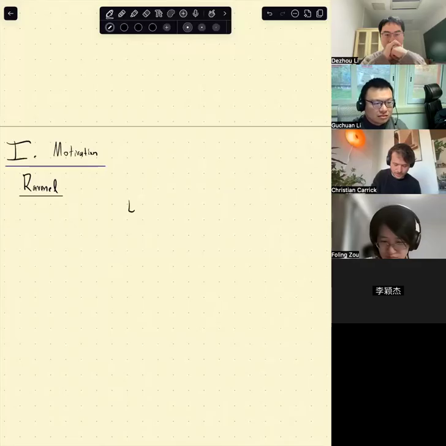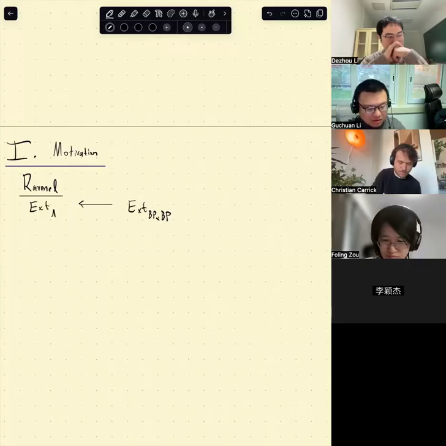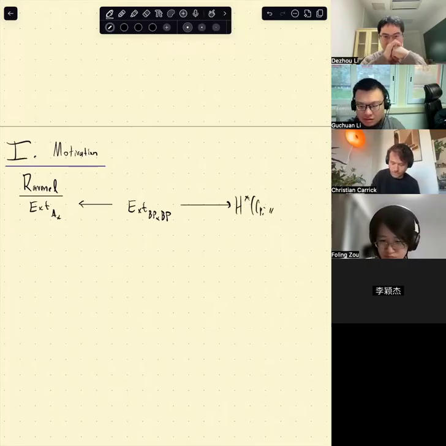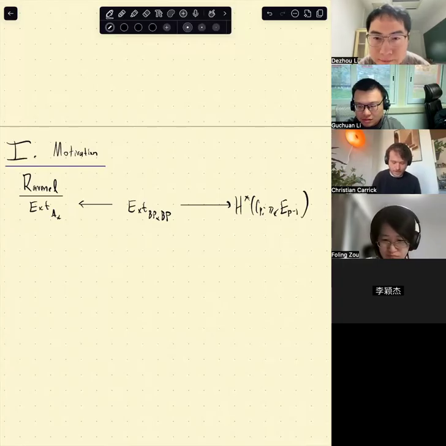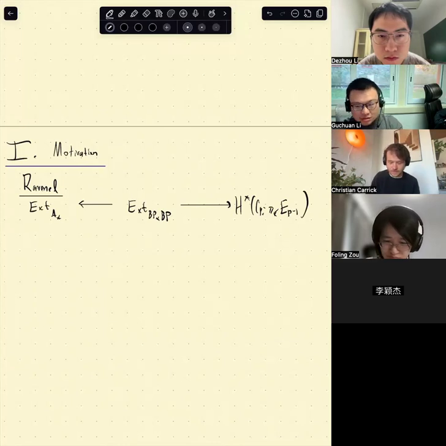So what he did was he looked at the following diagram of Ext groups. Here on the left, the map is the map from the Adams-Novikov E2 page to the Adams E2 page, and the map on the right is something coming from formal group law data.